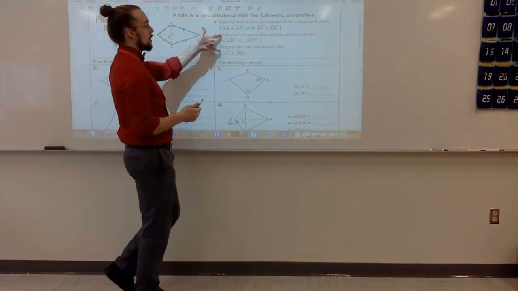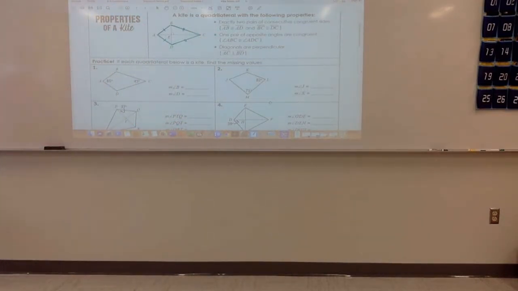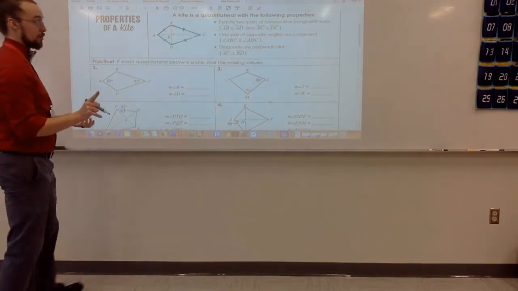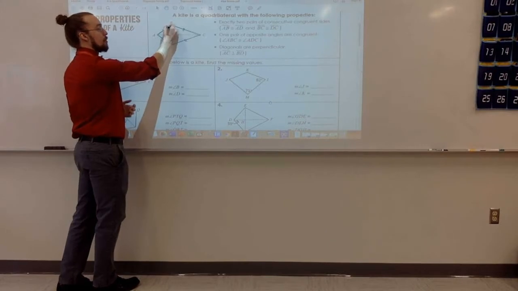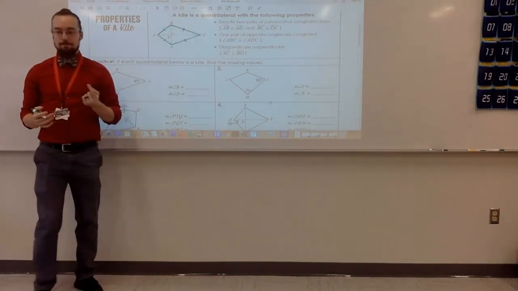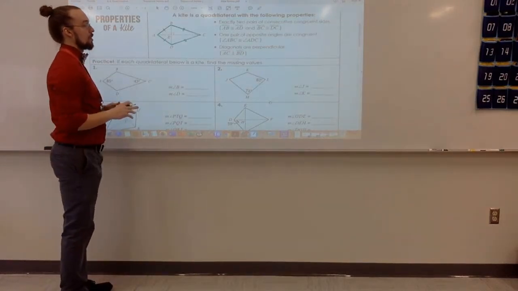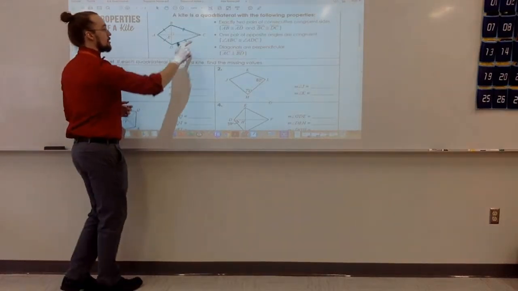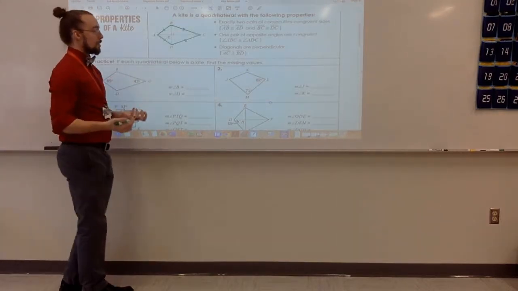Then we've got a couple of properties that follow from that. The first is that one pair of opposite angles are congruent. In this figure, the pair that would be congruent is angles D and B. Angles A and C would not be the same, but B and D would be congruent.